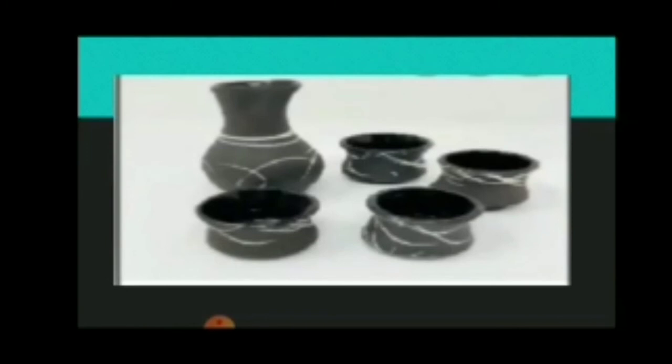We are using it in our daily life. We use different kinds of talcum powder, like prickly heat powder, and for babies, Baby Johnson's, to give a good smell also.